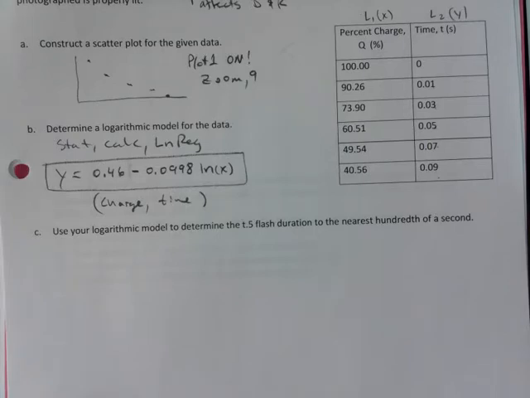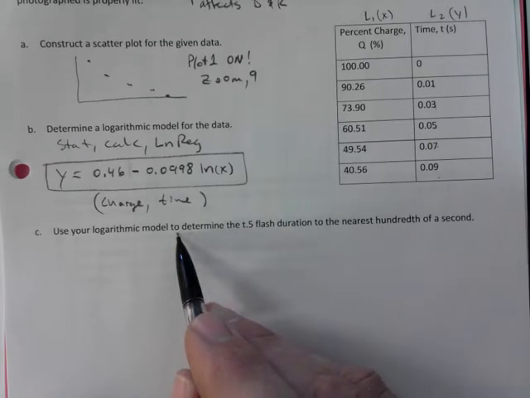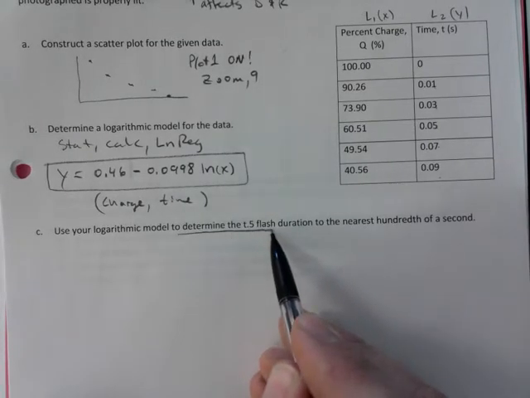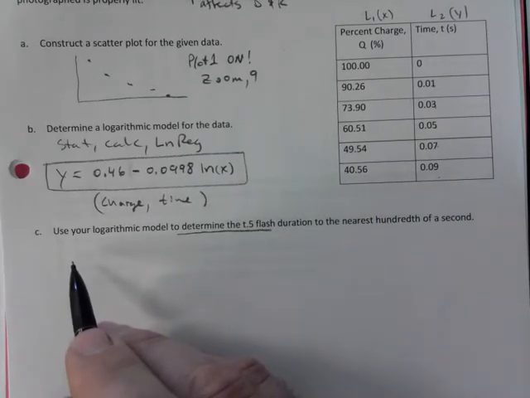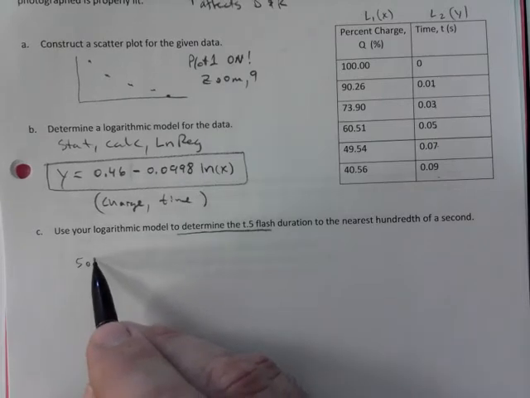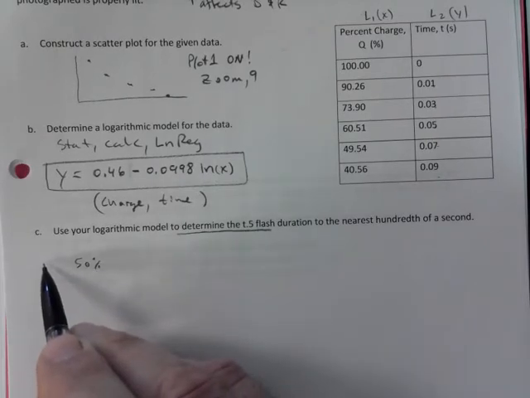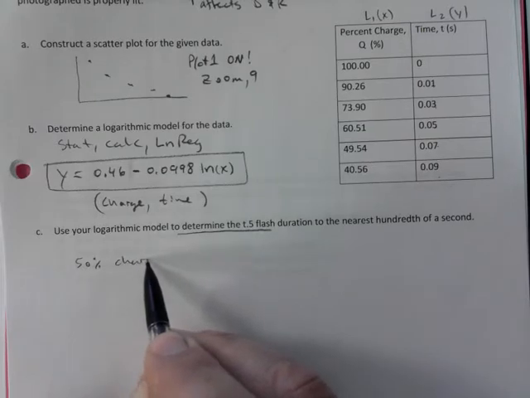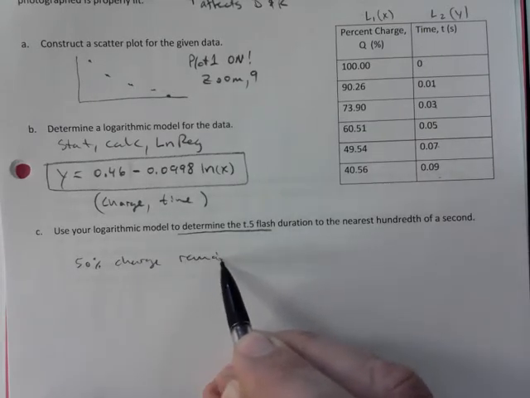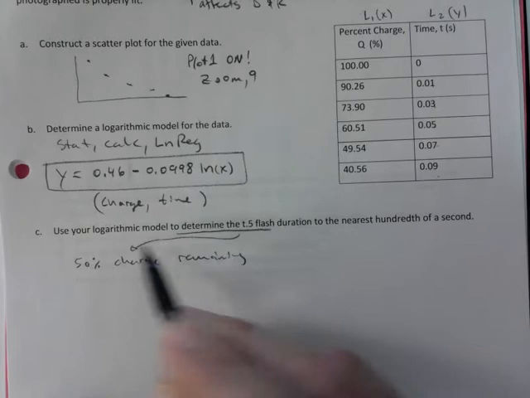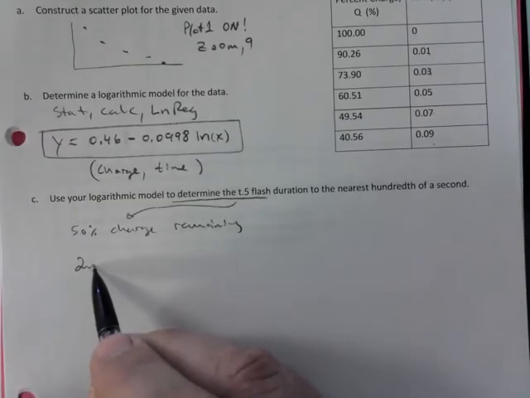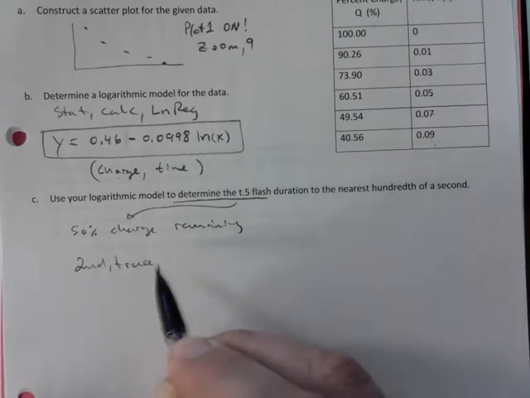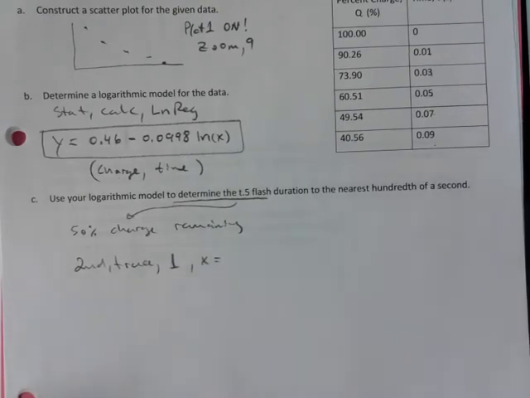Use the logarithmic function to determine T5 flash duration. And what is T5? It's when you only have 50% remaining, so 50% charge. That means charge remaining. We know that the charge represents our x variable. So we're going to go Second, Trace, 1, x is equal to, should I enter 0.5 or 50?